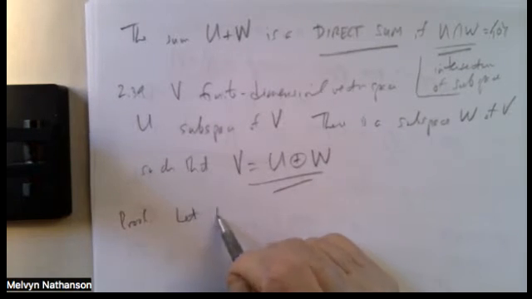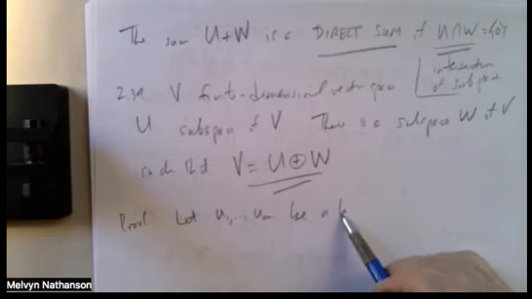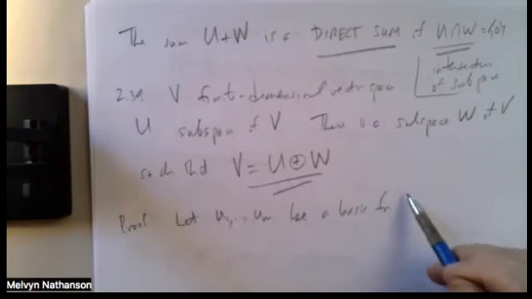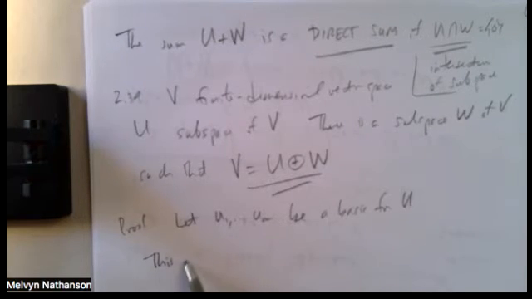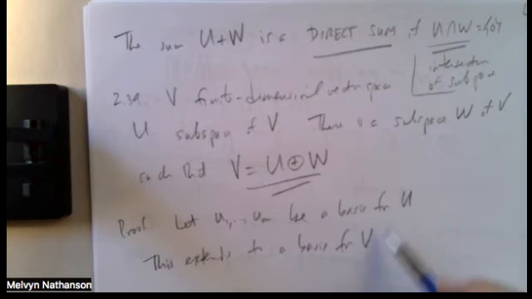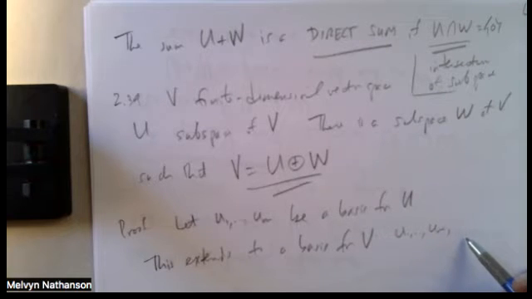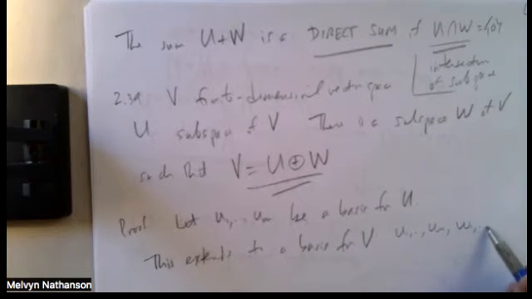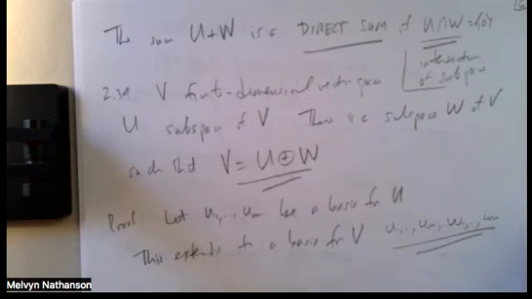So let U1 up to U sub M be a list of vectors which is a basis for U. This extends to a basis for the whole vector space V. That is, we have vectors U1 up to U sub M, and then vectors also W sub 1 up to W sub N, so that this list is a basis for the whole vector space.